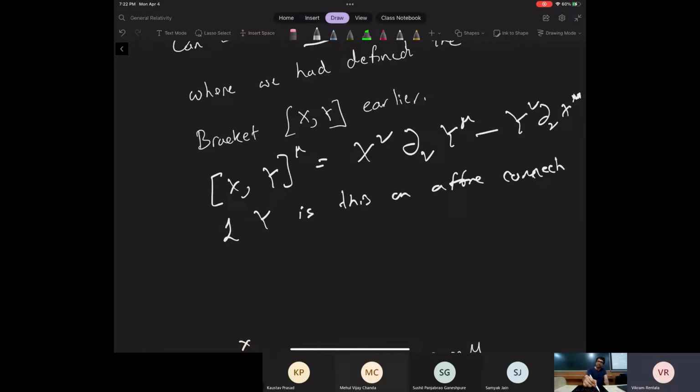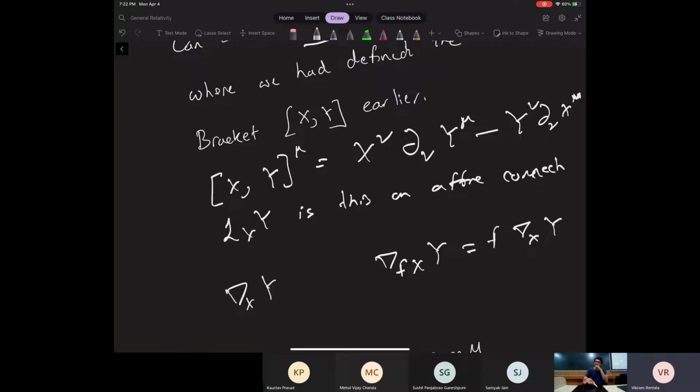So why is it not an affine connection? Well, if you recall the property that the affine connection needed to satisfy, one property was linearity, which is, if I take X and multiply it by some smooth function f on the manifold, then this should be f times ∇_X Y. This was a property of the affine connection.